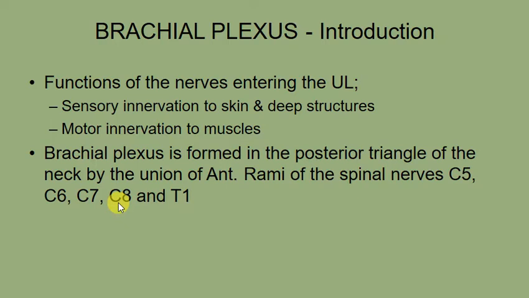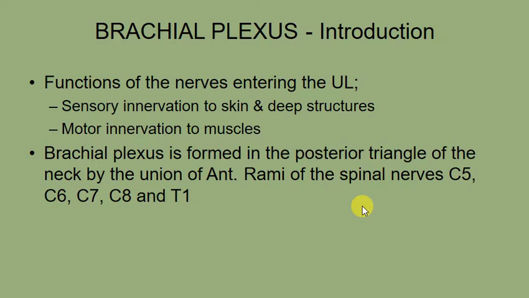So the roots are from C5, C6, C7, C8, and T1. So we have five roots here. Also we have five final branches of the brachial plexus, or final nerves from the brachial plexus. But it is not direct, that from C5 will form a certain nerve.